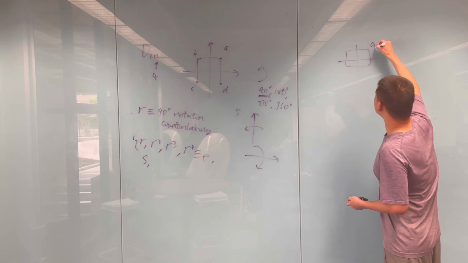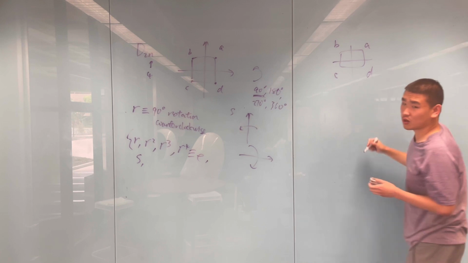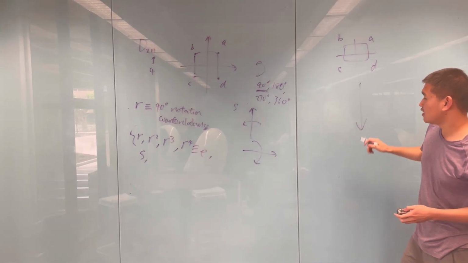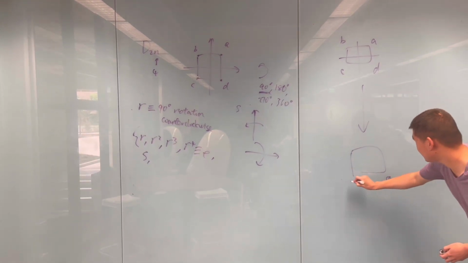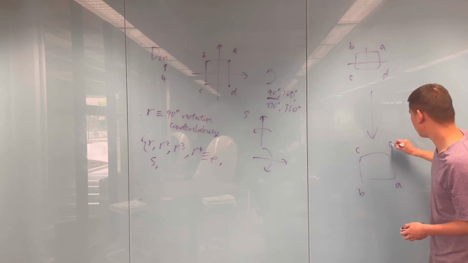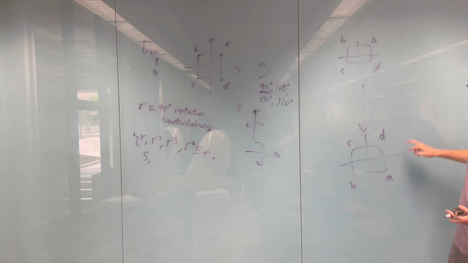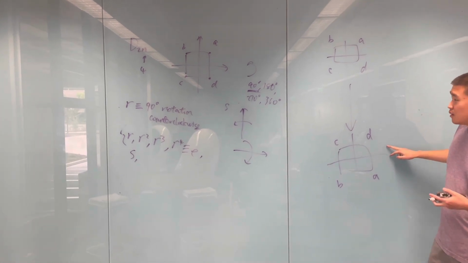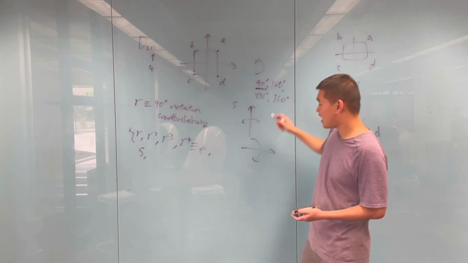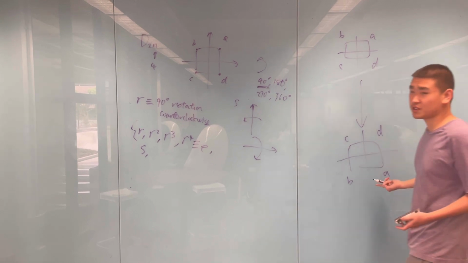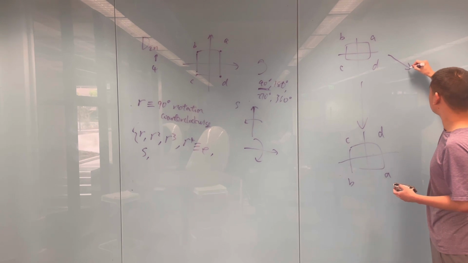We have A, B, C, D. What we want to get is a reflection across the x-axis, which is A, B, C, D. We can get that by directly applying a reflection across the x-axis, but just with the rotation and reflection across the y-axis, we can actually reach the same result.